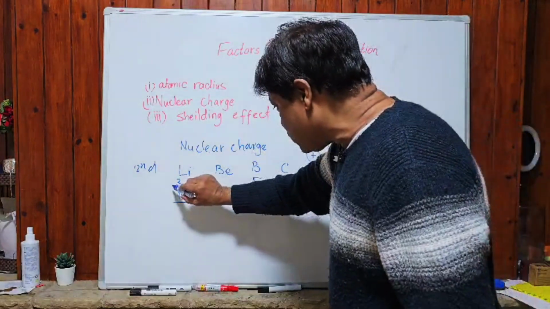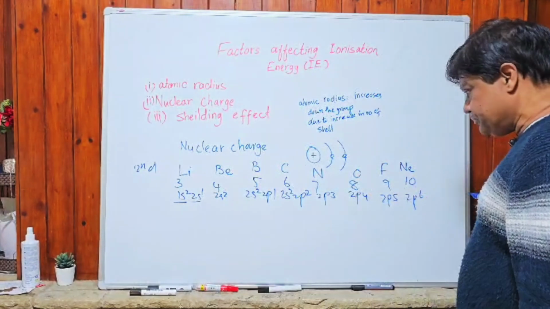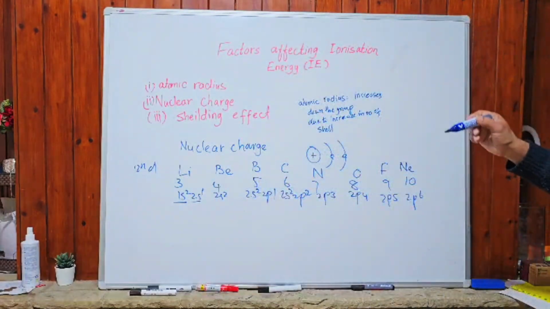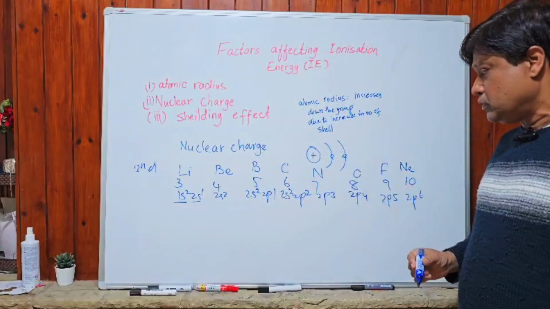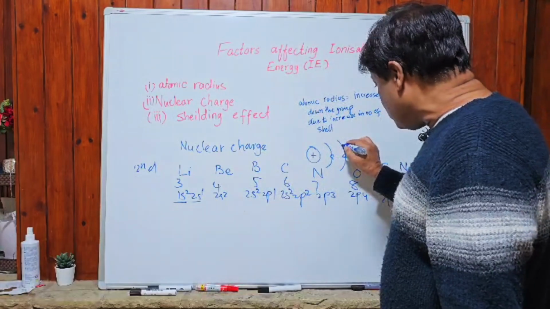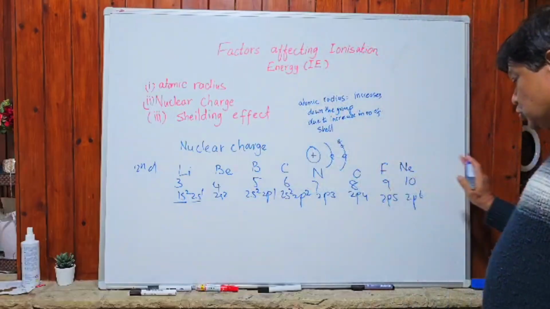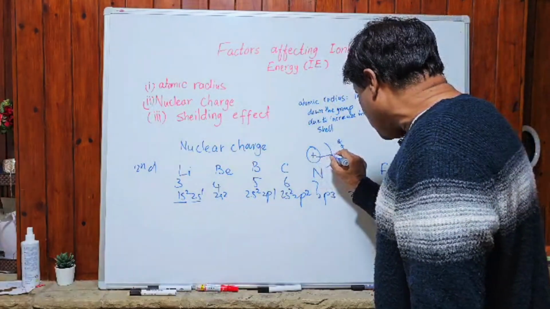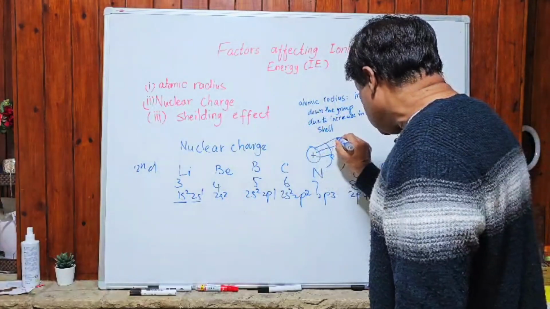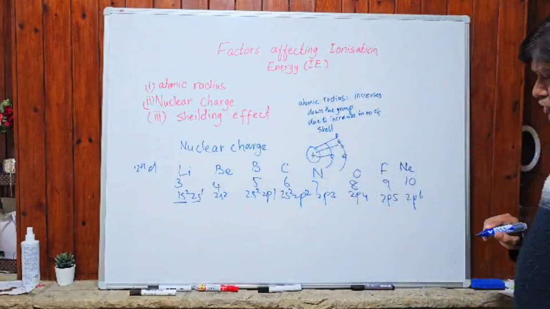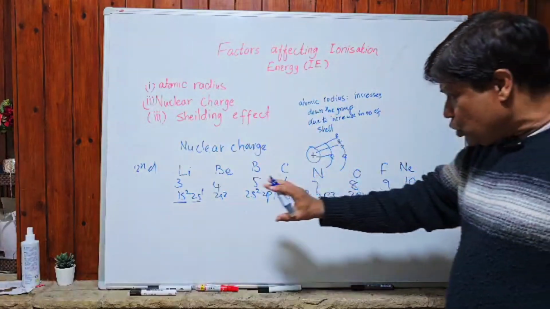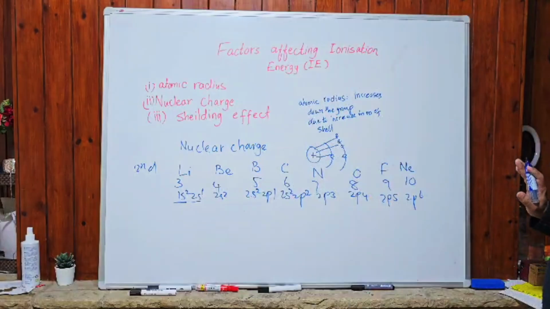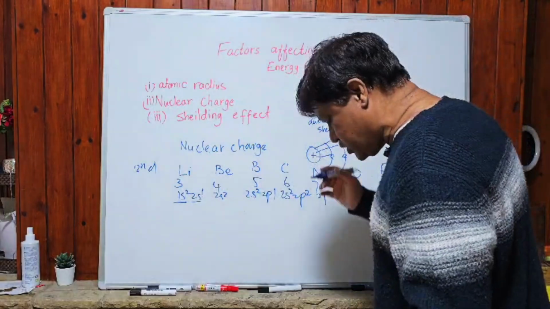As you move across the periodic table, the number of electrons increases and they are present in the same shell. So we have more and more electrons as you go across the period. More and more electrons mean more and more force of attraction on the outer shell electron. Nuclear charge increases as we move across the period, because all the electrons come close towards the nucleus.